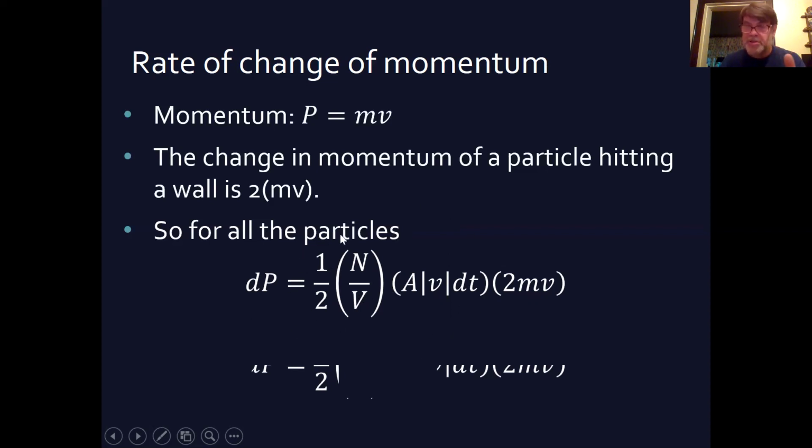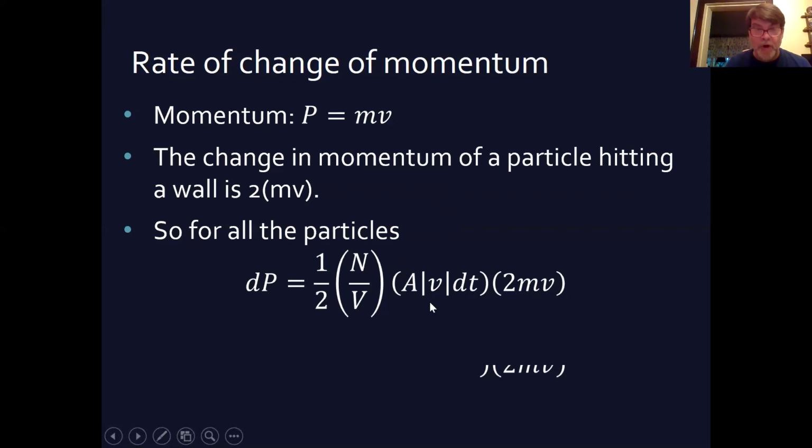That's the number of collisions on the wall times the change in momentum, 2mv, that we just got. Now there's going to be some canceling here, right? Algebra. You're probably in second semester physics. So the 2's are going to cancel out, and we're going to have a v squared. We don't have to use the absolute value because v squared is going to be positive anyway.